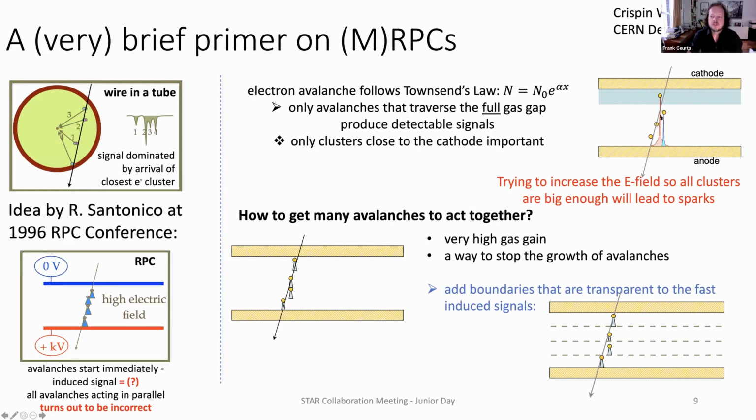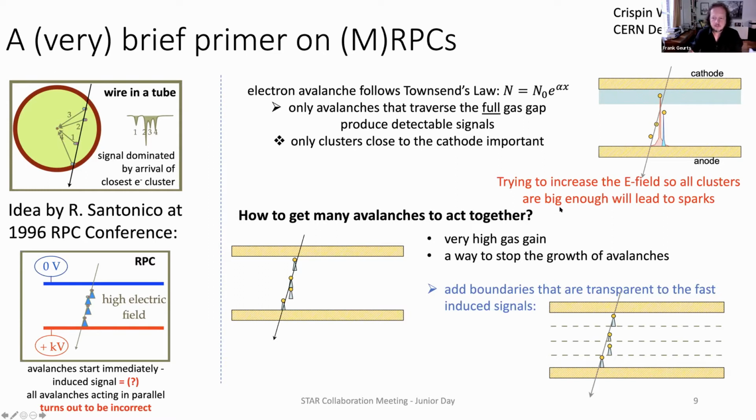The ones produced later didn't produce signals that were detectable, and again, we're looking here at the picocoulomb level. So the clusters that you detected were predominantly produced close to the cathode. You could have a 2 millimeter or larger gap, but it was in the first 100 or so microns where these detectable avalanches came. Now, you can obviously try to increase the electric field so that all these clusters that you generate are big enough.